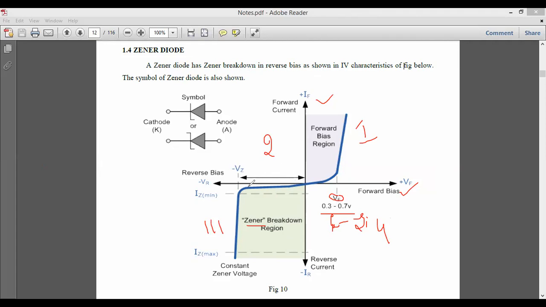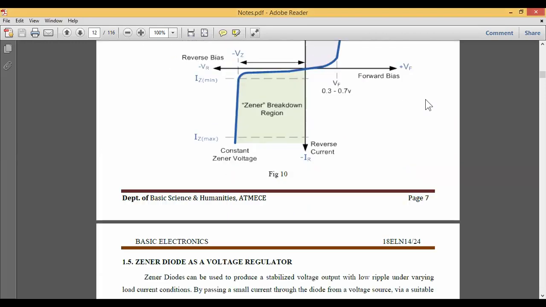As your Zener diode is operated under reverse bias, it means that when the device is reverse biased, your Zener diode turns on or conducts. Now, there is another thing we need to focus on in the Zener diode: there are two different types of effects.